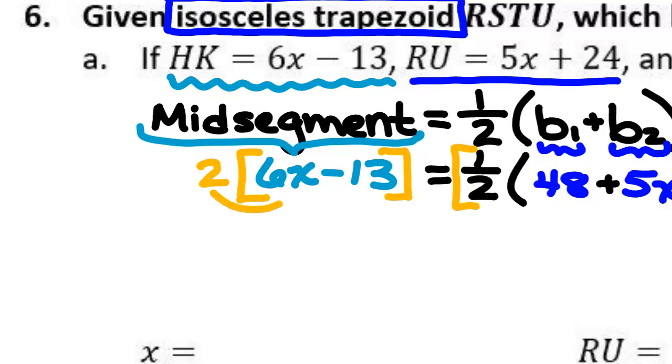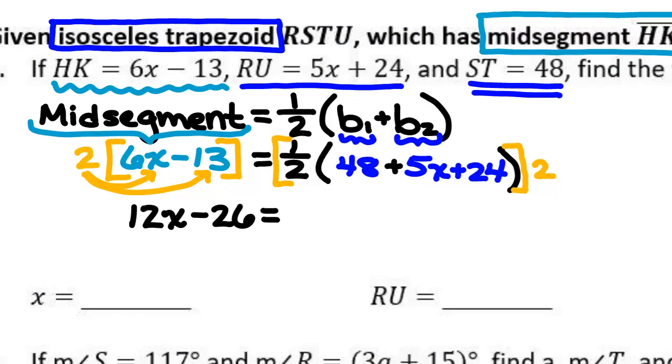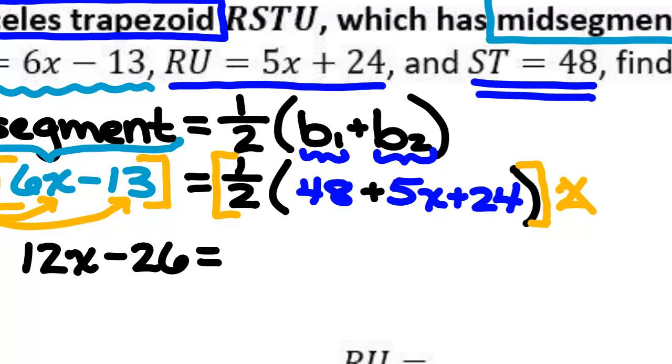So on the left, I'm going to take this 2, and we're going to distribute it to both of these pieces here. 2 times 6x gives me 12x. What's 2 times 13? 26. So 12x minus 26 is equal to, and now I get over to the right-hand side. The 2 that we multiplied by cancels with the denominator.